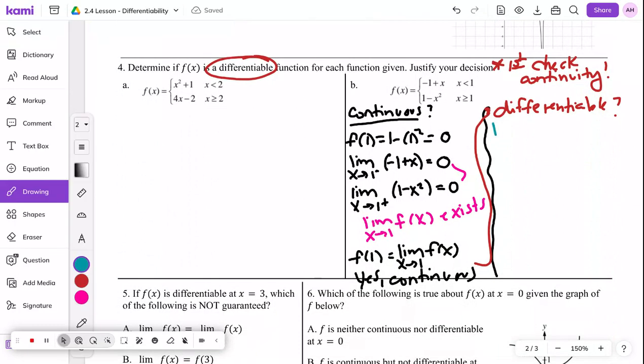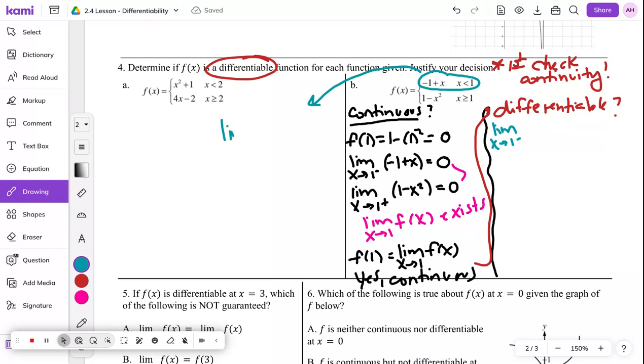You say, okay, I want to find the slope as x approaches 1 from the left, and I'm going to do that using the function from the left side. And again, I'm doing this for the slopes, and I'm out of space, so I'm going to do this over here.